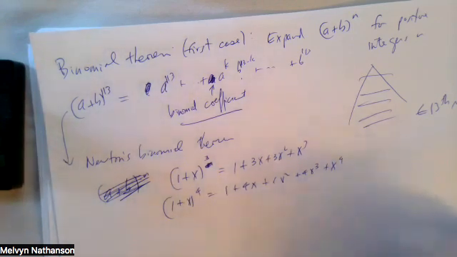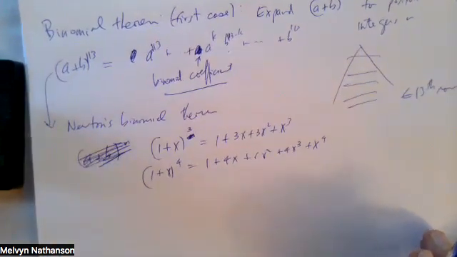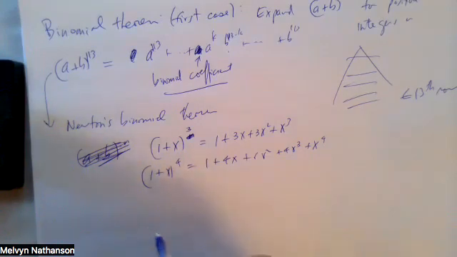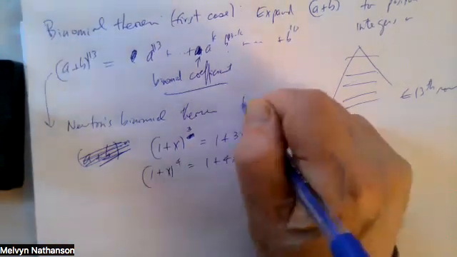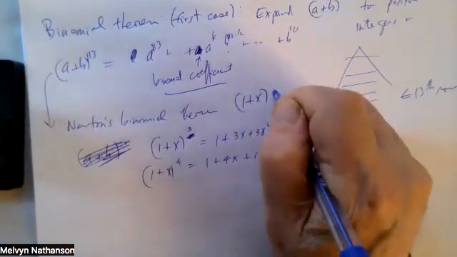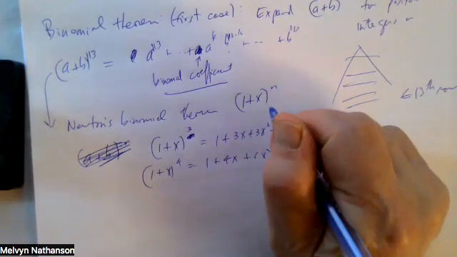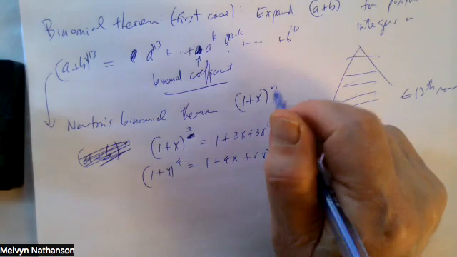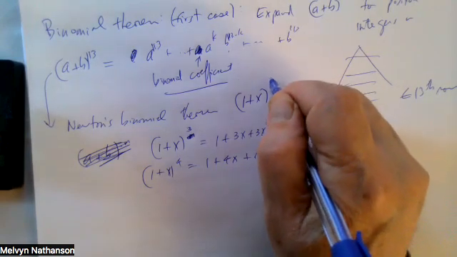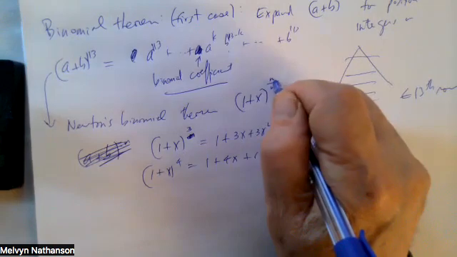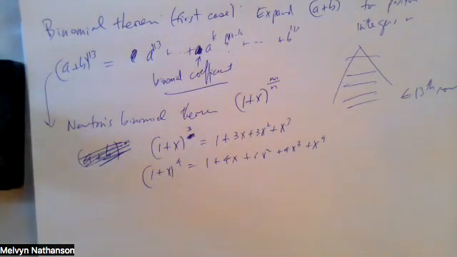But Newton did something much more powerful than this. He said, suppose you have 1 plus x to the power n, but maybe n's not a positive integer or 0. Maybe n's a fraction, m over n. And maybe it's even negative.